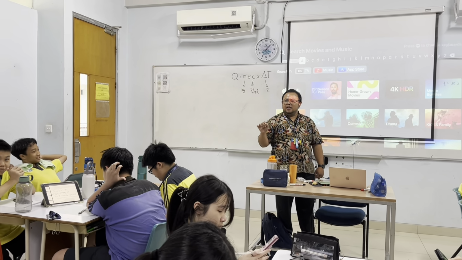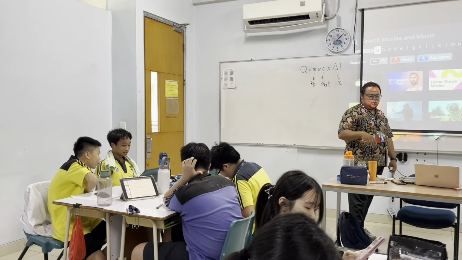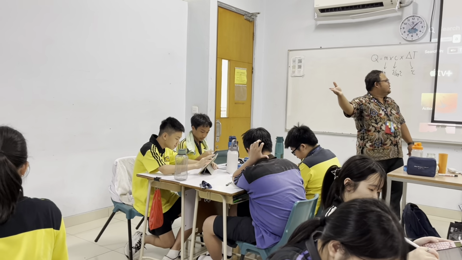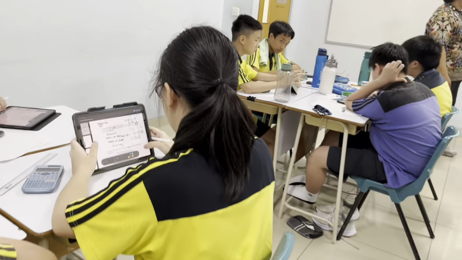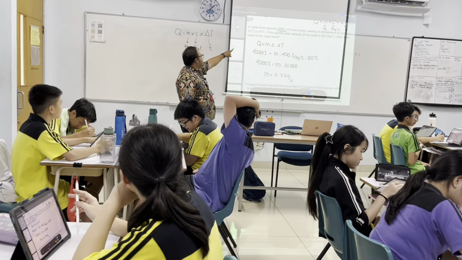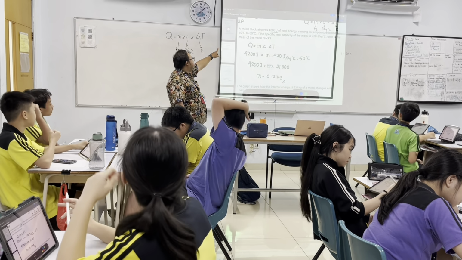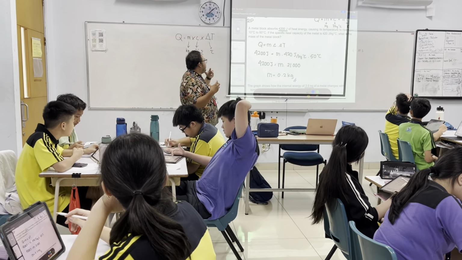First question. I want Olivia to share screen. Please share screen, Olivia. Okay, so 4,200 is the Q. Yeah, a metal block absorbs the heat. 4,200 is the heat, right?